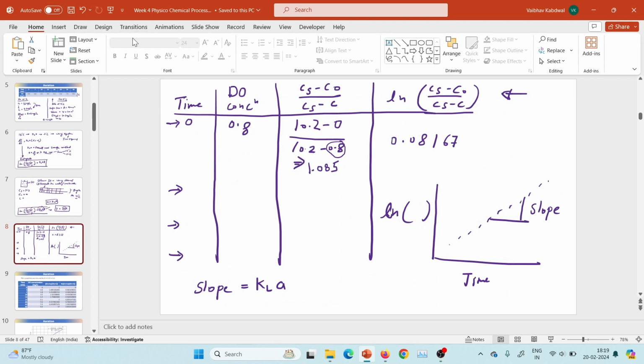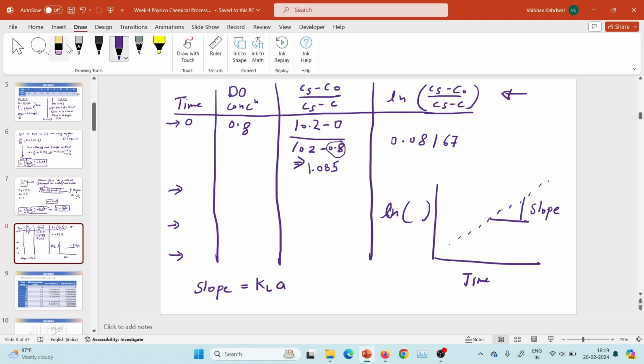Let me recorrect. So here initially this value will be 0, then here it will be 0.